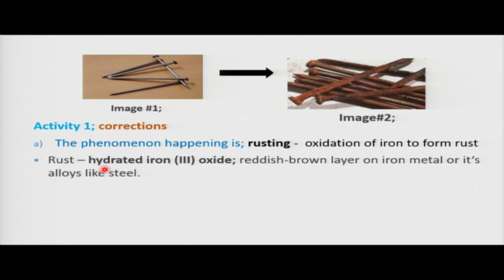And rust, we know, is hydrated iron(III) oxide. This brown layer that you see is the difference compared with the steel or iron that is clearly not put to use here. So we all agree that there has been rusting.